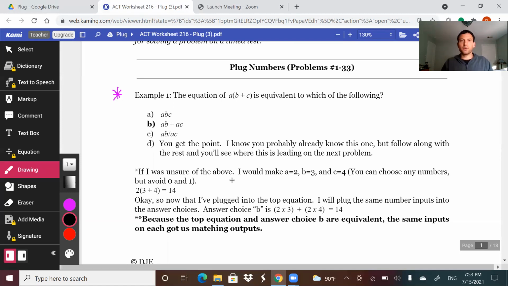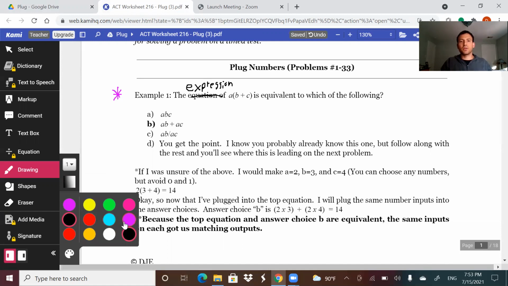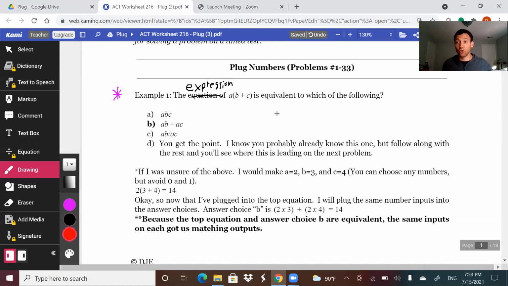So if we look at this first example, I know it's quite obvious that if you're trying to figure out what expression this is equivalent to, you know, because of the distributive property, that this is B plus AC. And I know that's blatantly obvious, but let me show the method on a problem that is blatantly obvious, and then I'm going to show you one that's much less obvious.